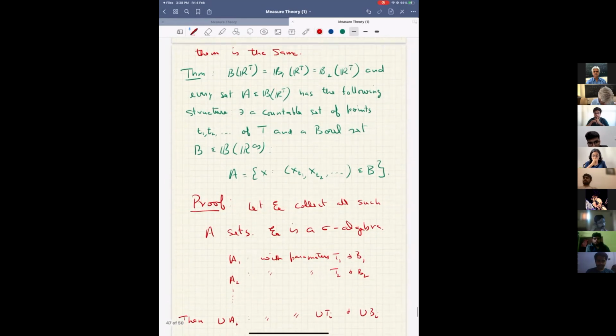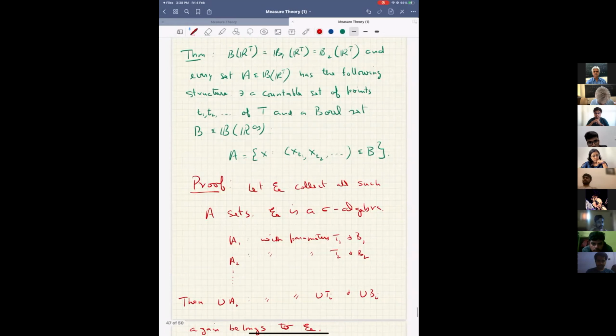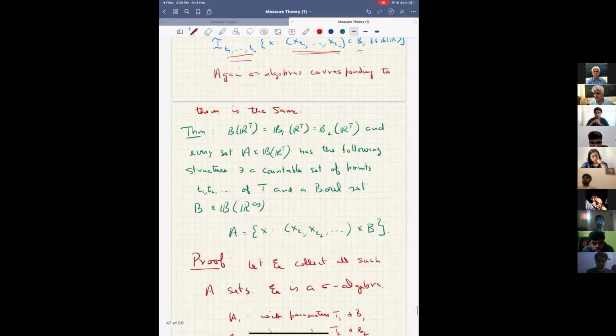Let calligraphic E contain all such A sets. We'll argue that such a collection E is a sigma algebra. So again, the overall space is a part of this. That's very clear. If a set A is of this form, then its complement is also of this form.